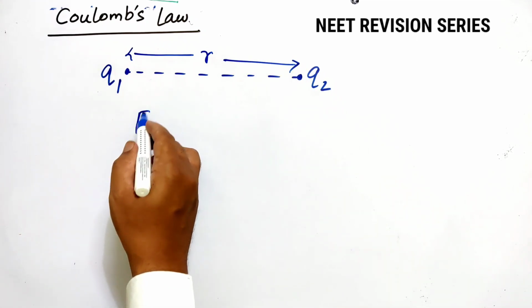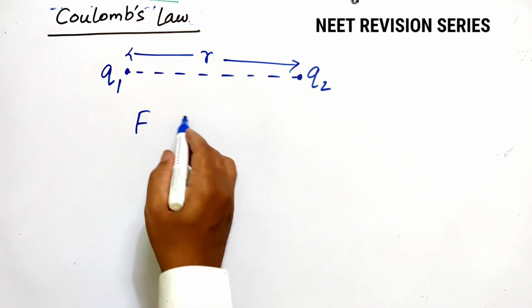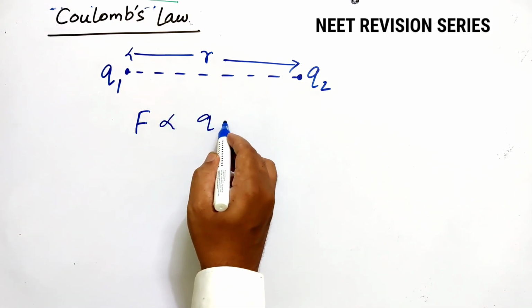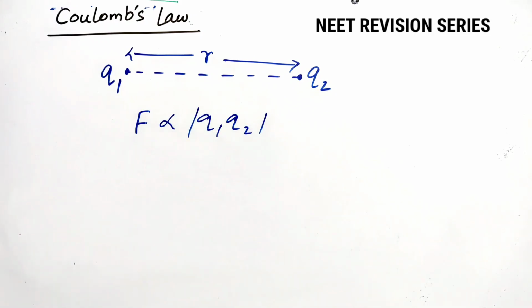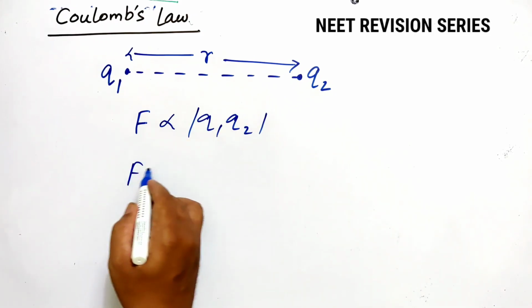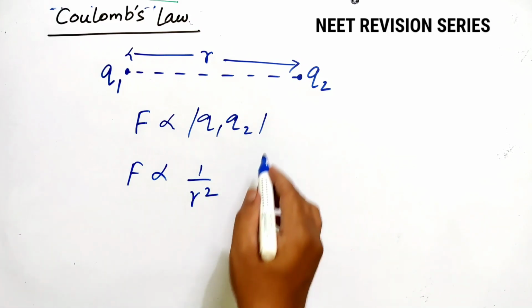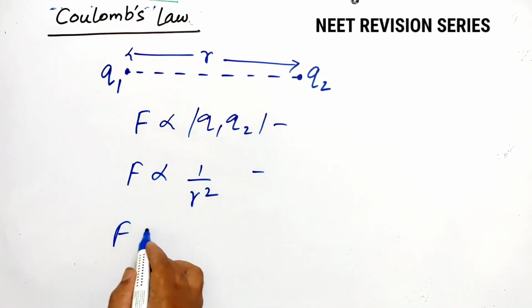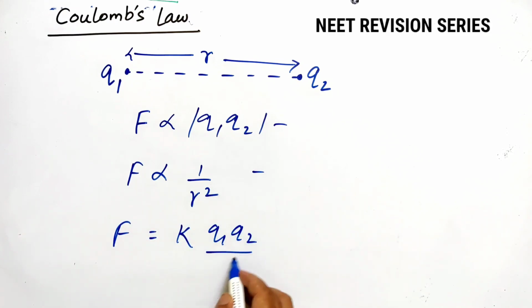According to Coulomb's law, the force of attraction or repulsion between these two charges is directly proportional to the magnitude of the product of the charges, and inversely proportional to the square of the distance between them. Combining these, you get F is equal to K into Q1 into Q2 upon r square.